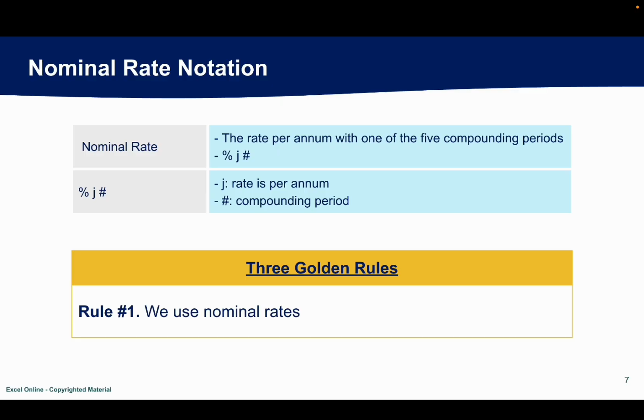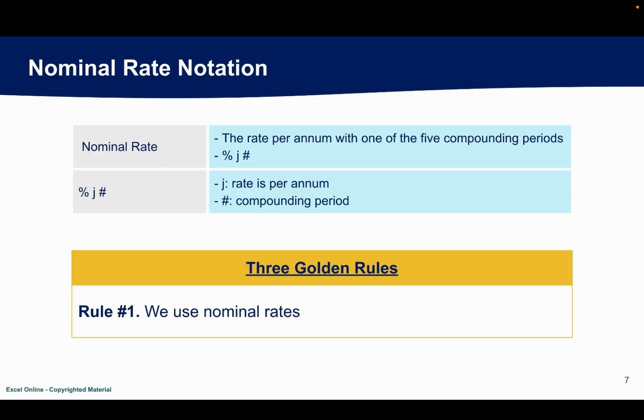But sometimes the questions may not describe the rate in words, and instead they may put a letter notation, which is the letter J, with a number beside it. The J is the symbol for per year, and the number is the number of compounding periods. These are still nominal rates, they're just written in a different way.